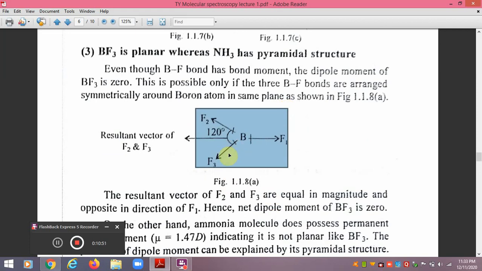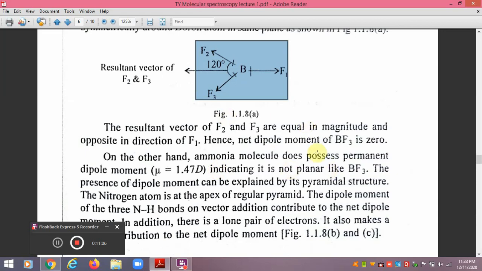In this case, each dipole moment is cancelled by the dipole moments of the other two bonds, and that's why this BF3 molecule, boron trifluoride, shows a trigonal planar structure and has 0 dipole moment.